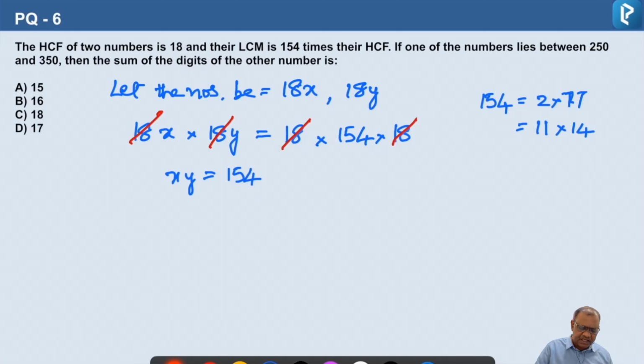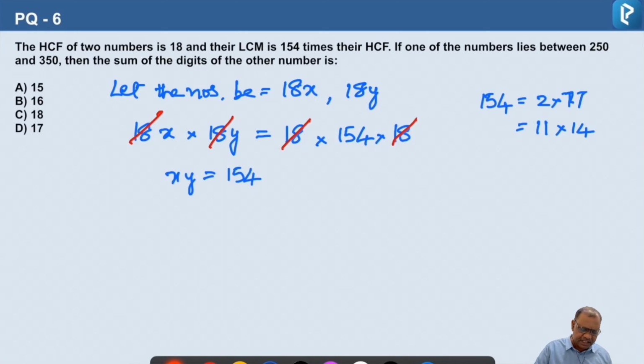So if you consider 2 and 77, 2 is a very small number and 77 is a very big number. So if you multiply both with 18, they cannot lie between 250 and 350. None of them will lie between 250 and 350.